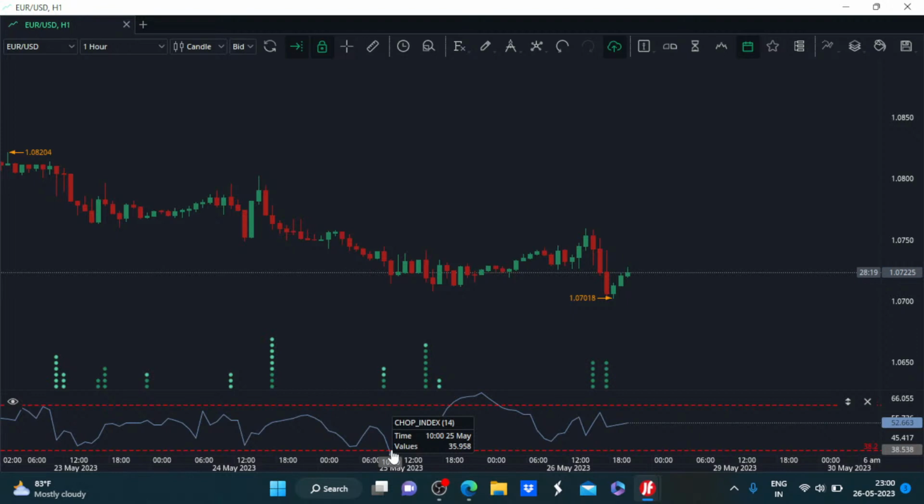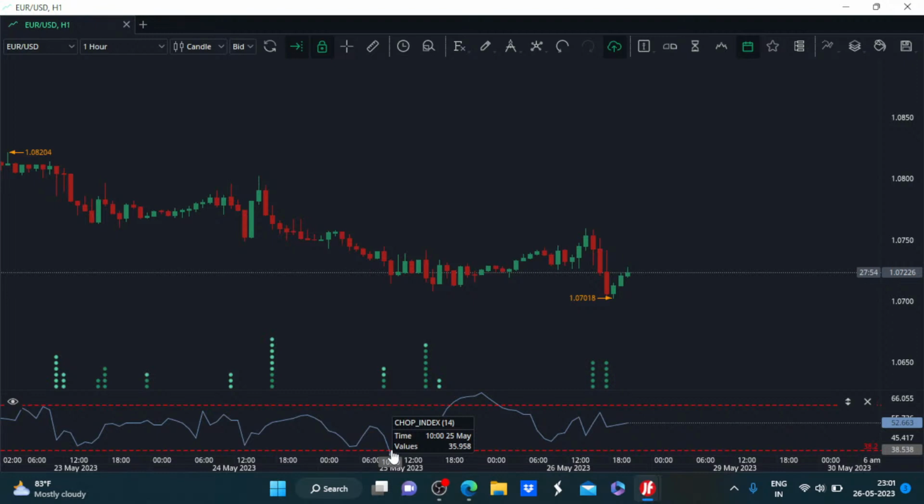So above 61, the underlying instrument is considered sideways, strongly sideways, and if the output value of the choppiness index is below the 38 level, then it is considered in a trending scenario. You can say it is in a strong trend.